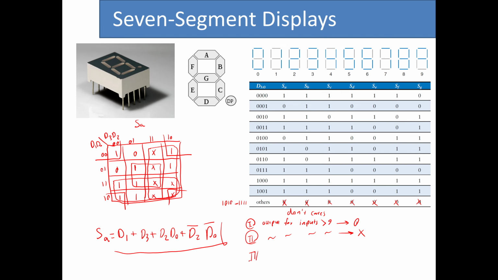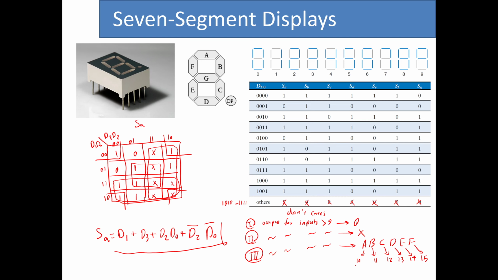There is another case too, in which outputs for inputs greater than 9 are shown using letters. So basically A, B, C, D, E, F. A is representing 10, B is representing 11, C is representing 12, D is representing 13, E is representing 14, and F is representing 15.